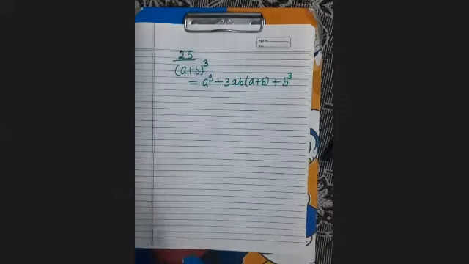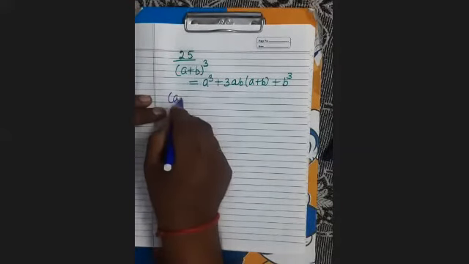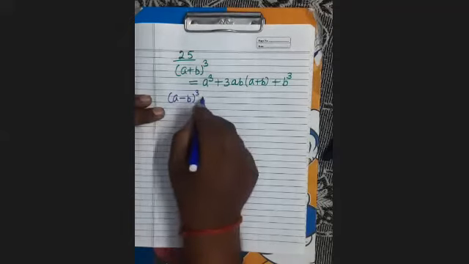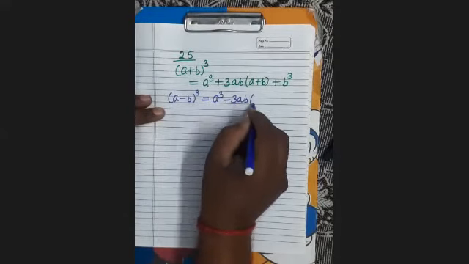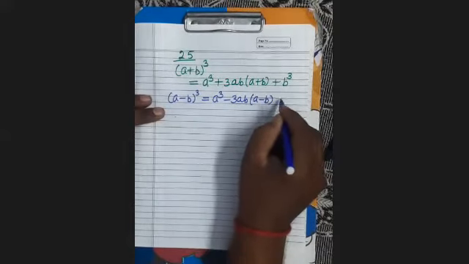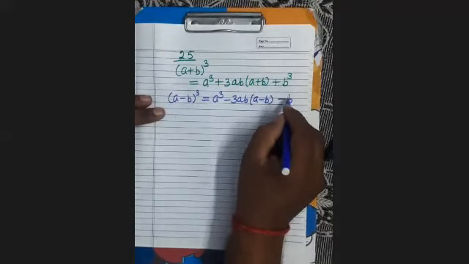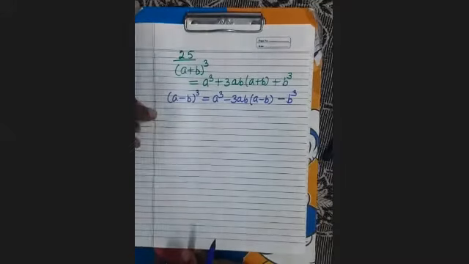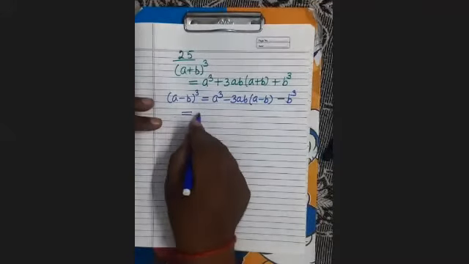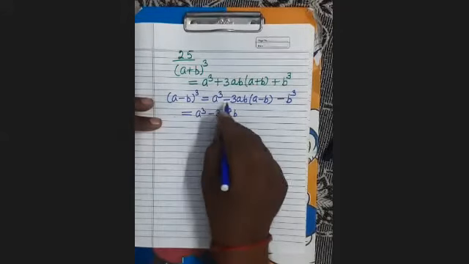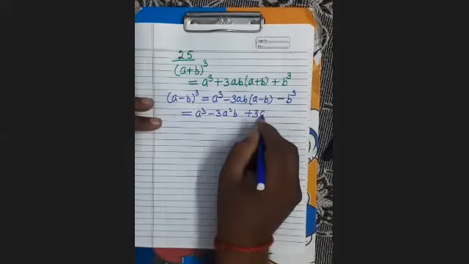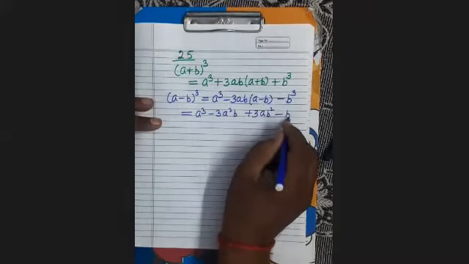Or we will use (a minus b) whole cube: a cube minus 3ab within bracket (a minus b) minus b cube. Is it clear? In the expanded form, it will be a cube minus 3a square b plus 3ab square minus b cube.